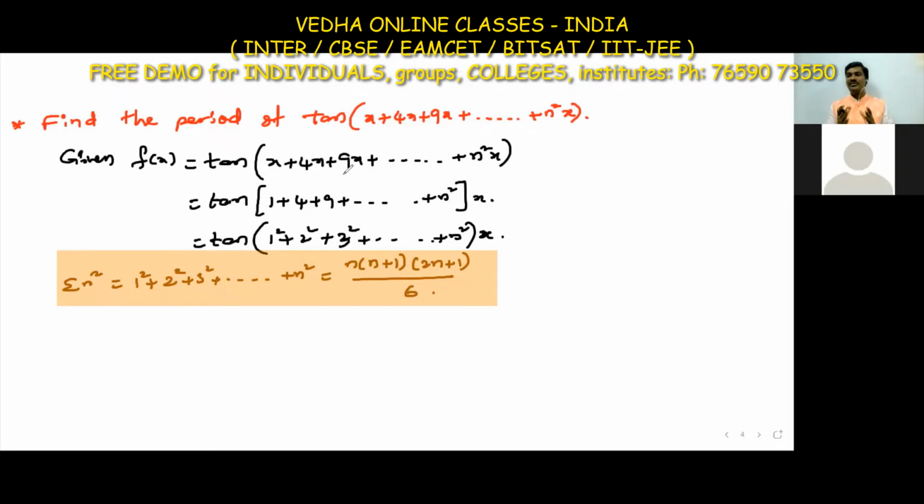Sigma n square is equal to 1 square plus 2 square plus 3 square and so on plus n square, which is equal to n into n plus 1 into 2n plus 1 by 6.